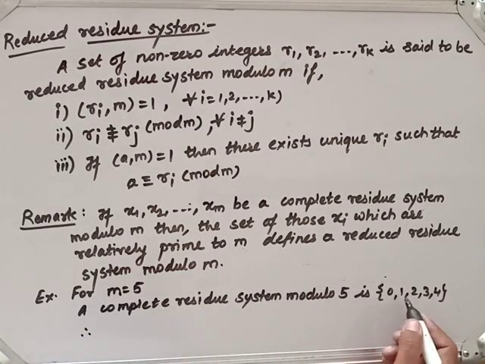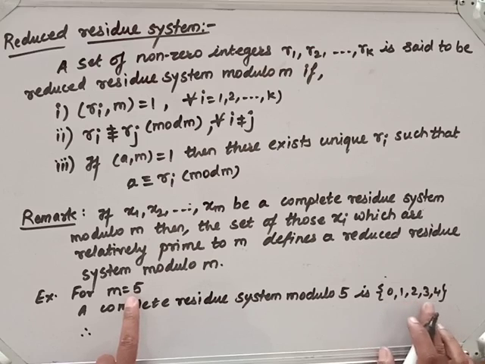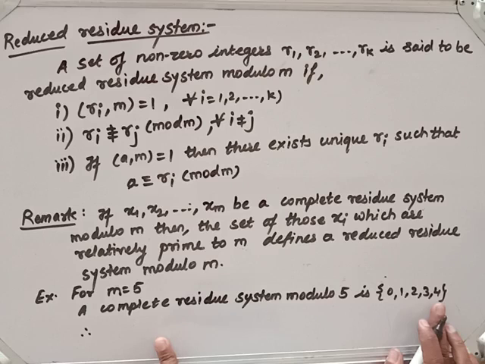Now 1 and 5 are relatively prime, 2 and 5 are relatively prime, 3 and 5 are relatively prime, and 4 and 5 are also relatively prime. Why am I taking these? Because the numbers relatively prime to 5 are strictly positive, so we cannot take 0.